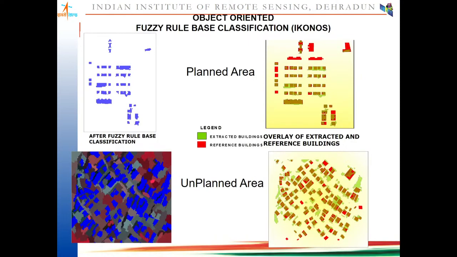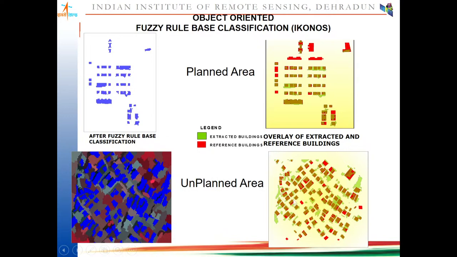The same kind of rule set was applied to extract buildings automatically in planned and unplanned areas. As expected, after the fuzzy rule based classification was done, the buildings in the planned area came out much better, with more accuracy, and to check the accuracy it was compared to a reference set of buildings.